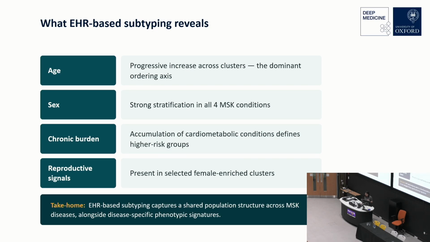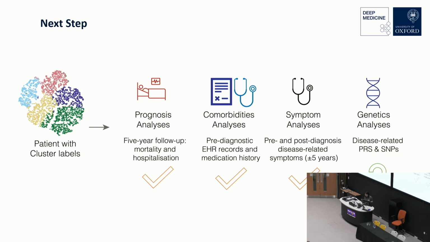We found that chronic burdens accumulate the risk of the patient's progression, and reproductive signals also define the female-enriched clusters. So the take-home message is that EHR-based subtyping captures shared population structures across all MSK conditions, but alongside there are some disease-specific phenotypic signatures.